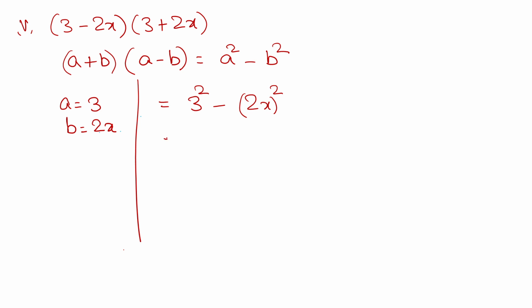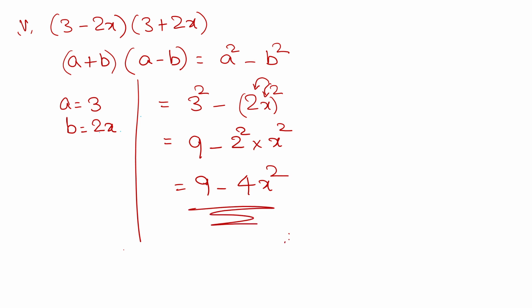So when you are squaring it, you have both of them, and you have to keep them in brackets. So that is equal to 3 square is 9 minus, here the square is distributed, 2 square times x square. So that is equal to 9 minus 4x square. So this is the identity. So therefore write the conclusion.